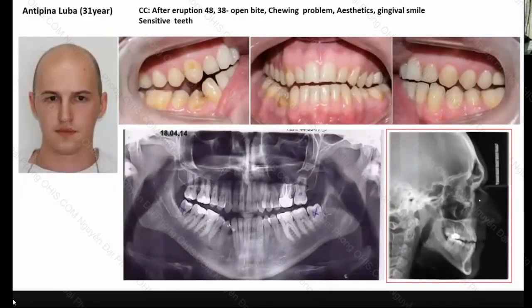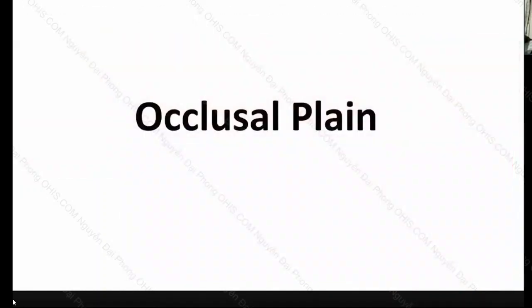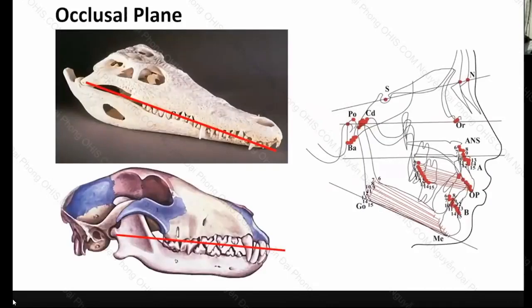So anyway, from the orthodontic point of view, the occlusal plane is very important. With many animals, if you see, their occlusal plane is pretty stable.